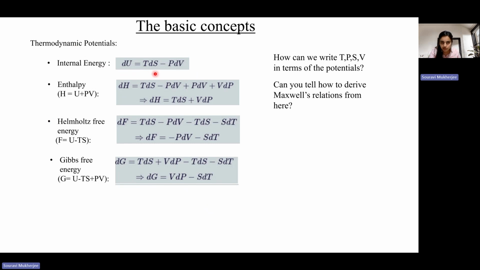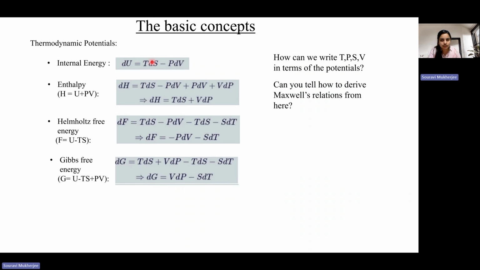Those are the relations that one can get from these expressions. And one can also derive the Maxwell's equations from here. If I ask how that is done, the first step is to write thermodynamic variables like T, P, S, and V in terms of the potentials.